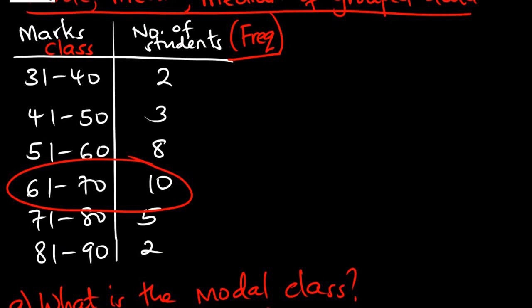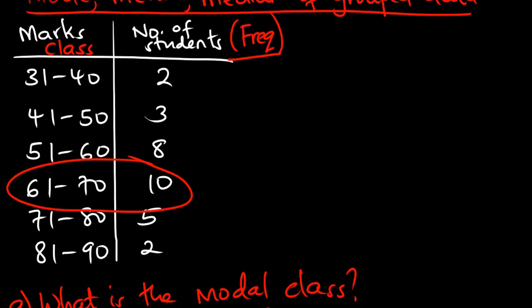Normally we get the mean by adding all the marks together and then dividing by the total number of students. If it were heights, for example heights of trees, you add all the heights together and then divide by the total number of trees.